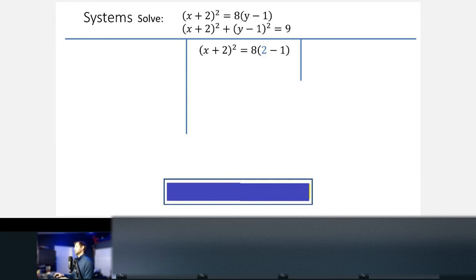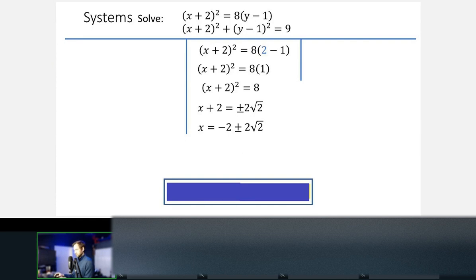I thought the first one was the easiest, so I plugged into that, and then we solve. That's how you get the x values. So we have -2 plus 2 rad 2 and -2 minus 2 rad 2 for the x value, and the y value is 2, because that's what we plugged in. So that problem is actually rather easy if you approach it that way.